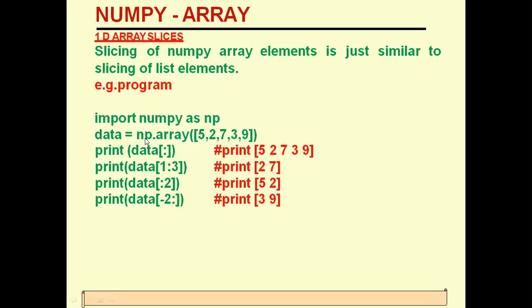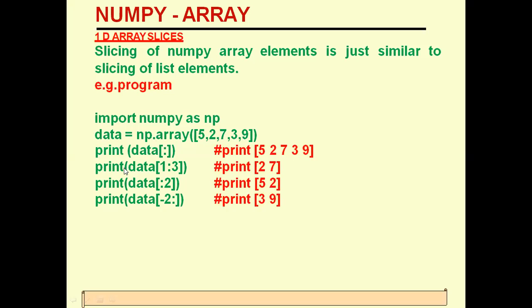These values are assigned to data. So here print data colon. All the elements will be printed, because only a colon is given, no values in it.